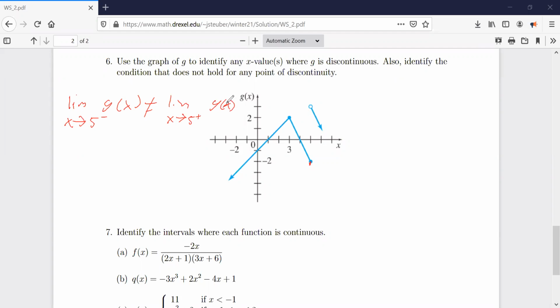Oh, I have it in my notes. Condition 2 is the limit has to exist. So yeah, it doesn't exist, and that's why I say condition 2. Yeah, awesome, exactly. So if the limit does not exist, then there cannot be continuity. So there is a discontinuity. Thank you.